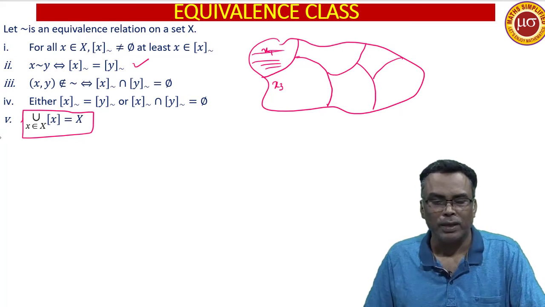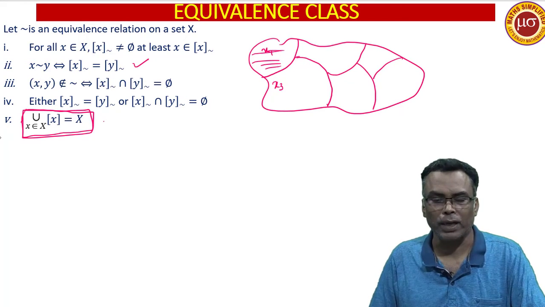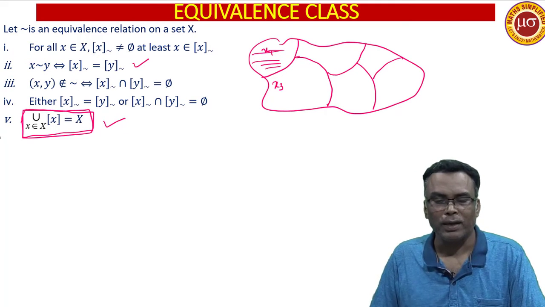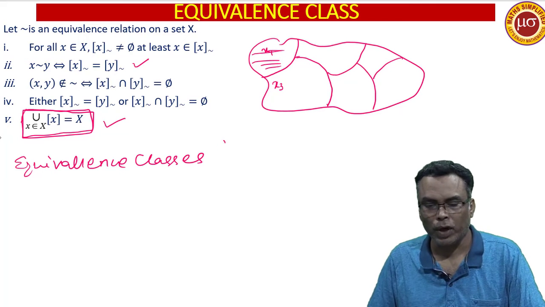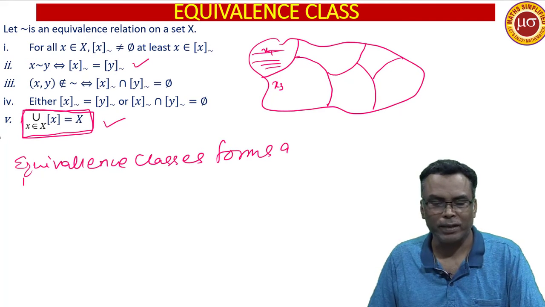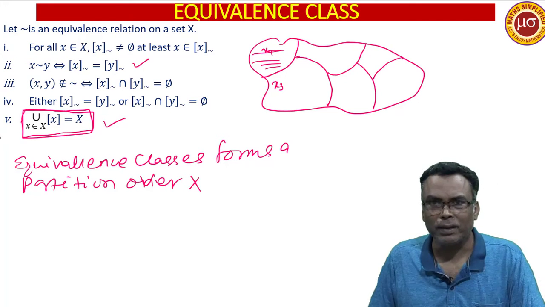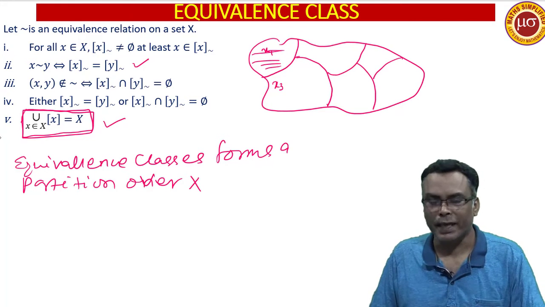Therefore, the union of the equivalence classes of all elements gives me the total set X. So, in mathematics language, we call the equivalence classes a partition over X. What is a partition? A partition means a division where nothing is shared.